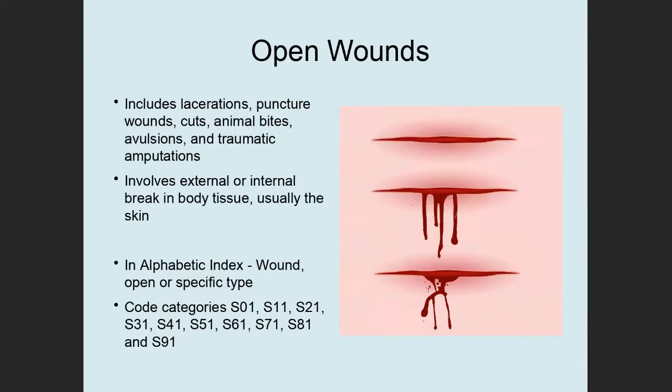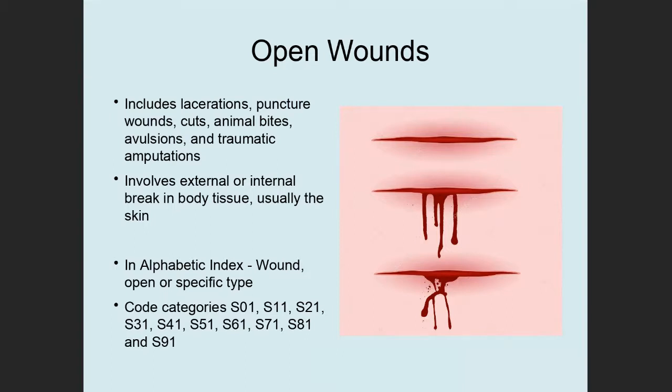So let's look at open wounds. Open wounds include lacerations, puncture wounds, cuts, animal bites, avulsions, and traumatic amputations. This involves both the external or internal break in body tissue, usually in the skin, though this is much more than the superficial wounds.